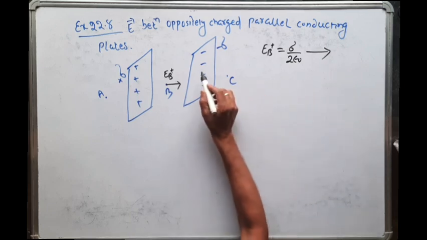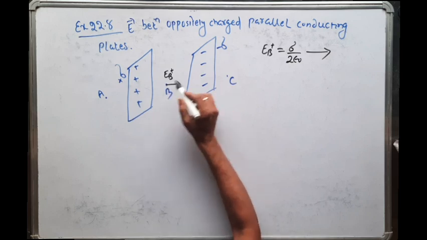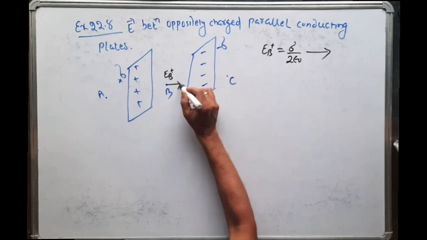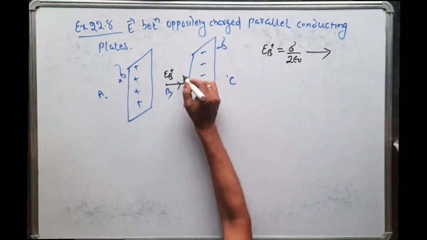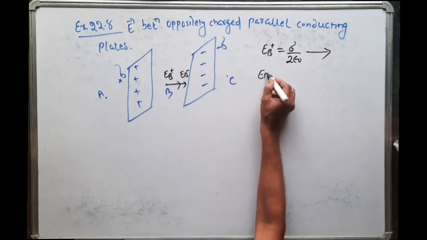Okay. Now we will find the electric field intensity at B due to the negative plate. Since it is negative, the electric field intensity is always towards it. So let us say it is EB due to the negative plate, which is minus. Then what is the electric field intensity at B due to the negative plate?